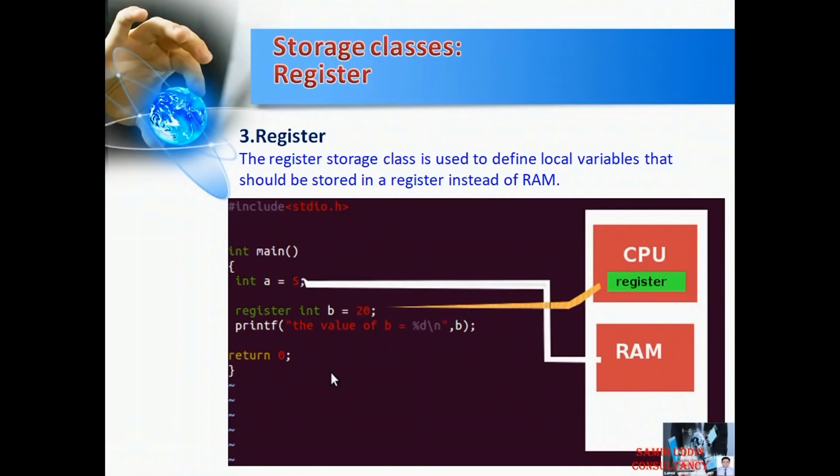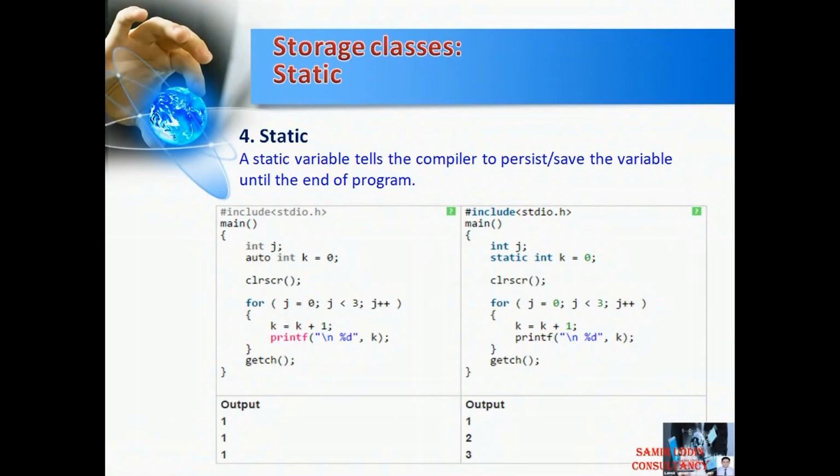Now about static. When we declare a variable as a static variable, then the life of the variable becomes equal to the life of the program. That means the variable is allocated as soon as the program starts, it will remain allocated, and it will be deallocated when the program ends.